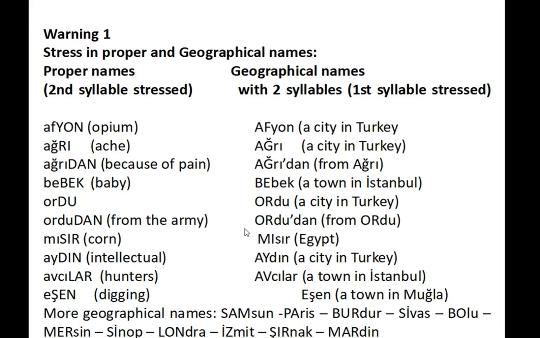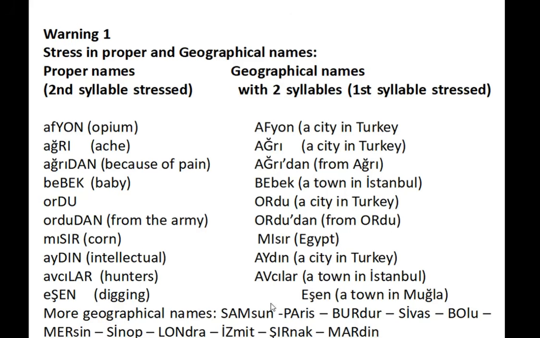Ordu'dan, Ordu'dan. Mısır, Mısır. Aydın, Aydın. Avcılar, Avcılar. Eşen, Eşen. We have some more geographical names like Samsun, Paris, Burdur, Sivas, Bolu, Mersin, Sinop, Londra, İzmit, Şırnak, Mardin.